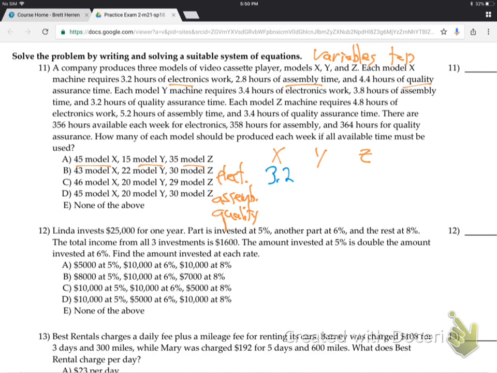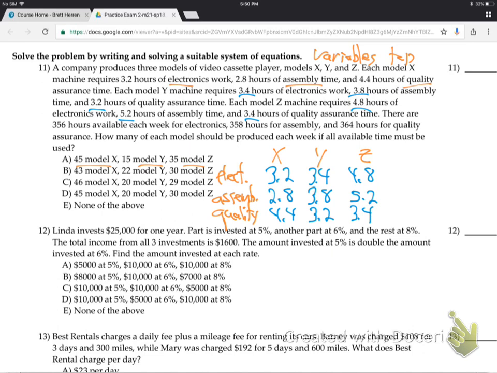3.2 hours of electronics, 2.8 of assembly, 4.4 for quality, and then for y it's 3.4, 3.8, 3.2, and then for z it's 4.8, 5.2, 3.4.